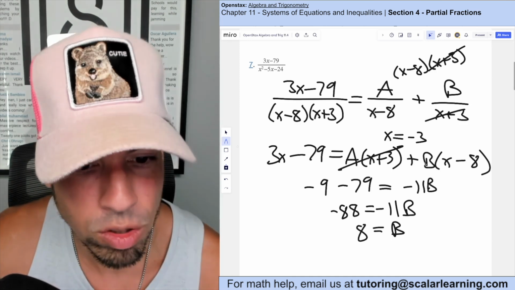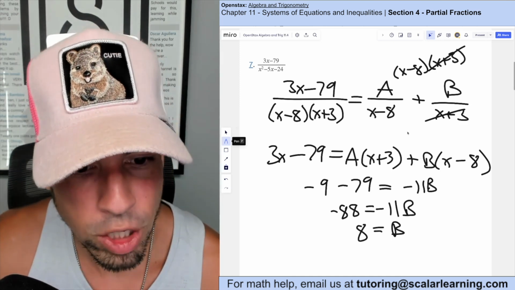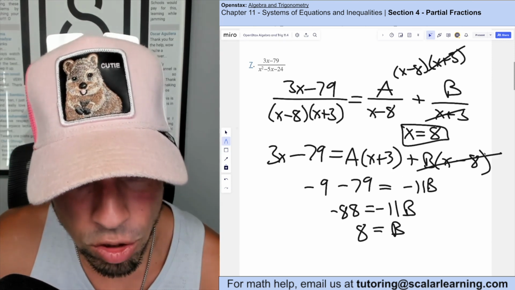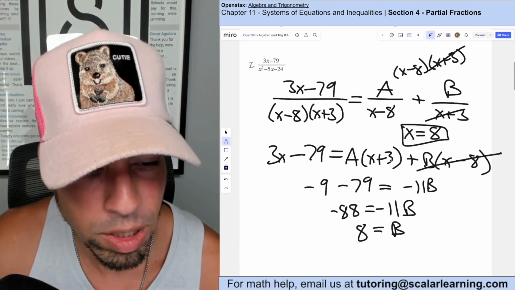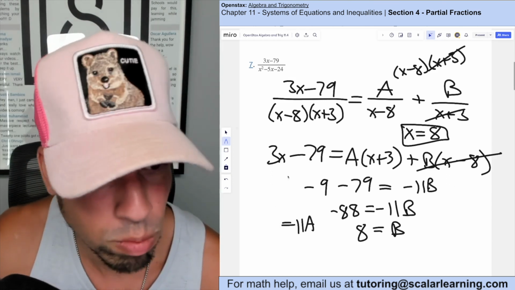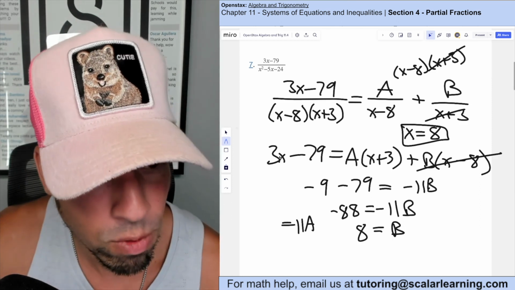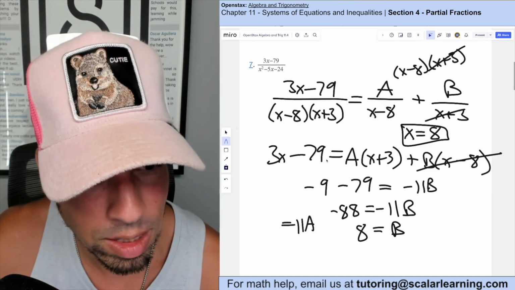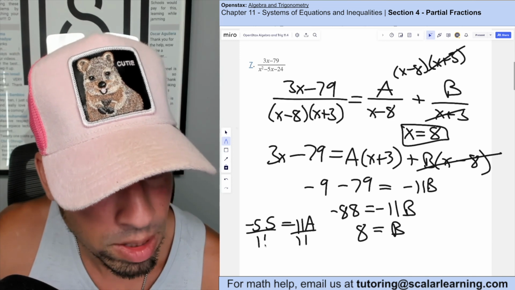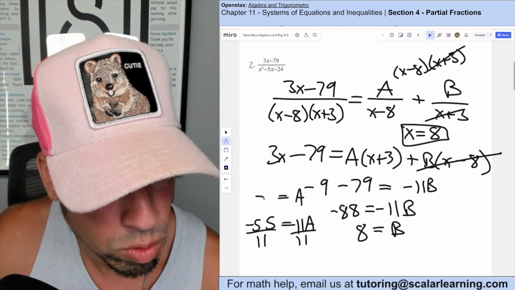Great, now we need to solve for a. So we come back to this equation. I'm going to plug in 8 for x, right? Because that's going to zero this out. Then we have 8 plus 3, which is 11. So we have 11a is equal to, plug in 8 here, that's 24. 24 minus 79, that's -55. Divide both sides by 11, and we get a is equal to -5.